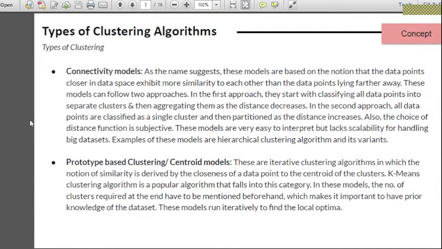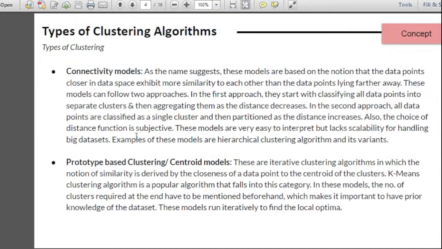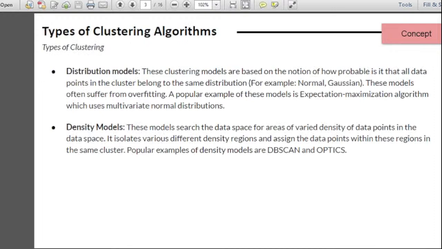Now there are different types of clustering algorithms. Connectivity models, prototype based clustering, centroid models, and then you have density based models and distribution based models, right? We are going to do three of them. We are going to do centroid based, connectivity based, hierarchical yes, and density based.